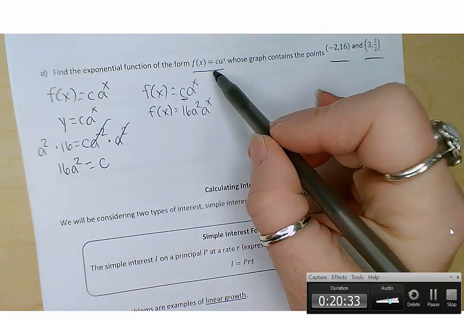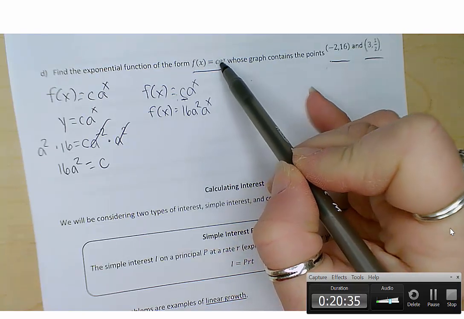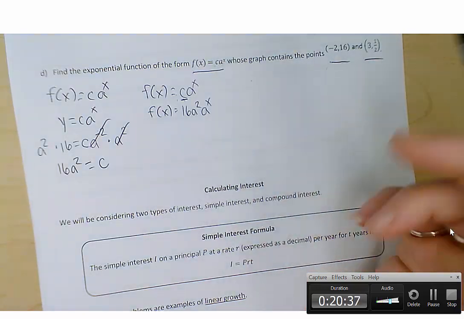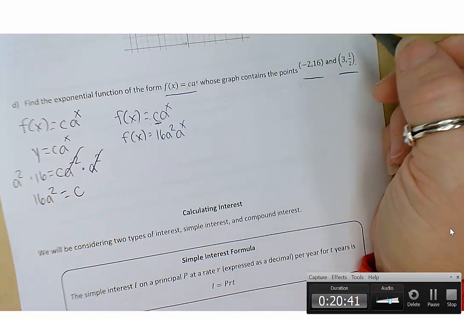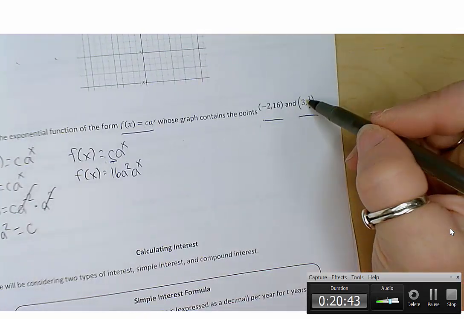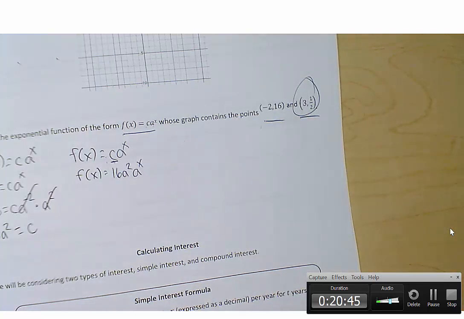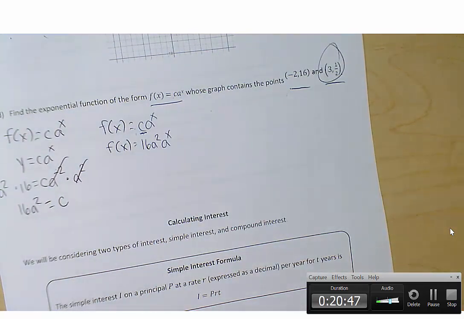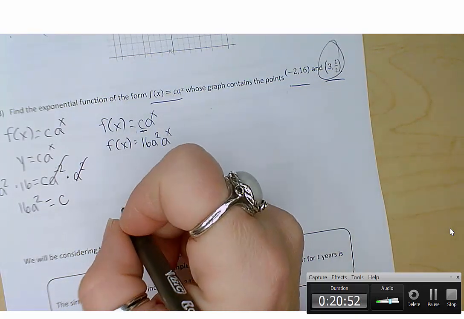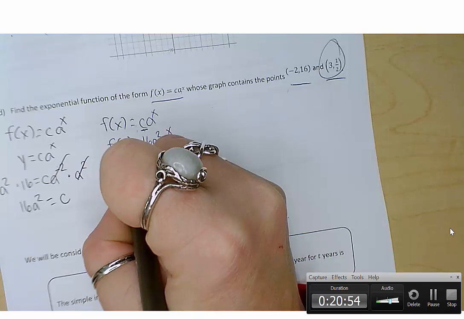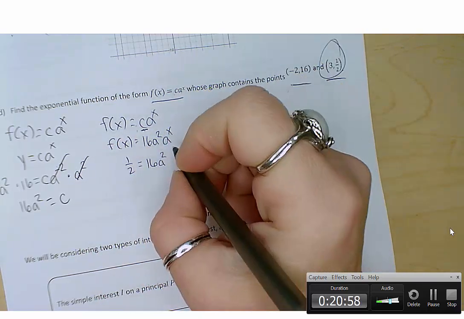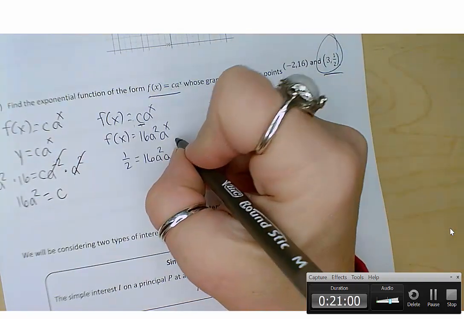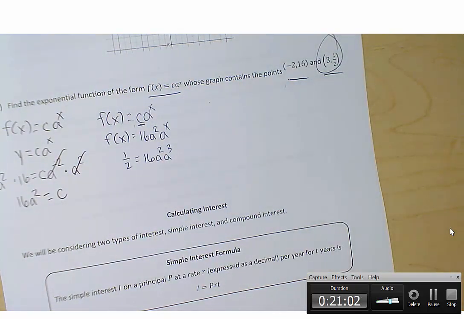In order to actually create this equation, we need to know what c is, we need to know what a is, x is going to stay there. So we are going to use our next point here. We're going to use the 3 and the 1/2, and we're going to plug it in here. So keep in mind, f of x is our y. This is going to look like 1/2 is equal to 16a squared times a to the third.